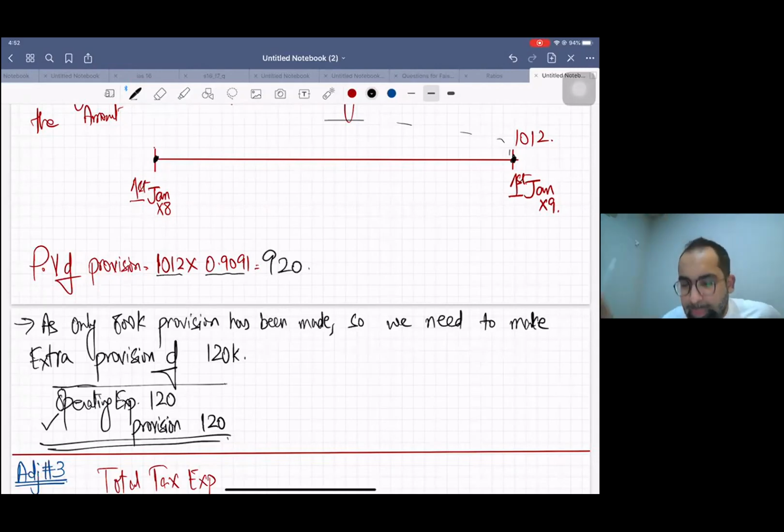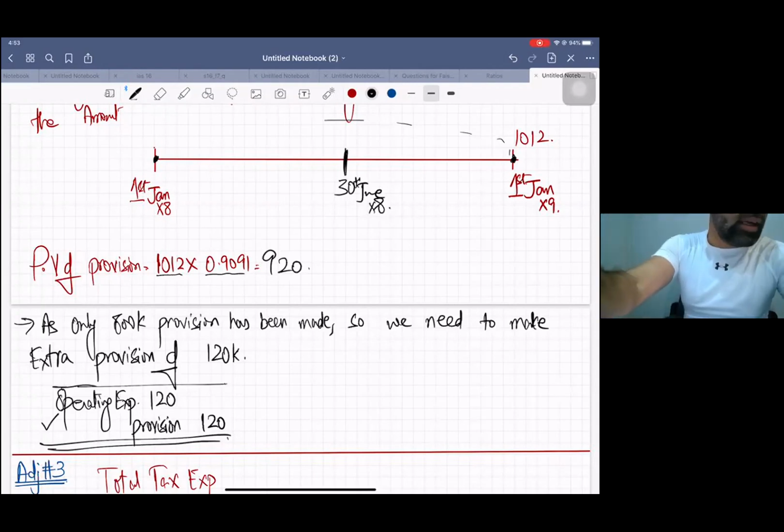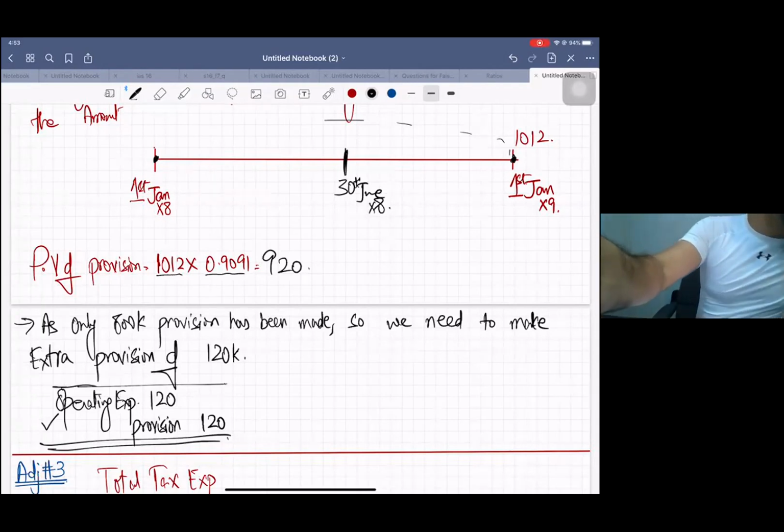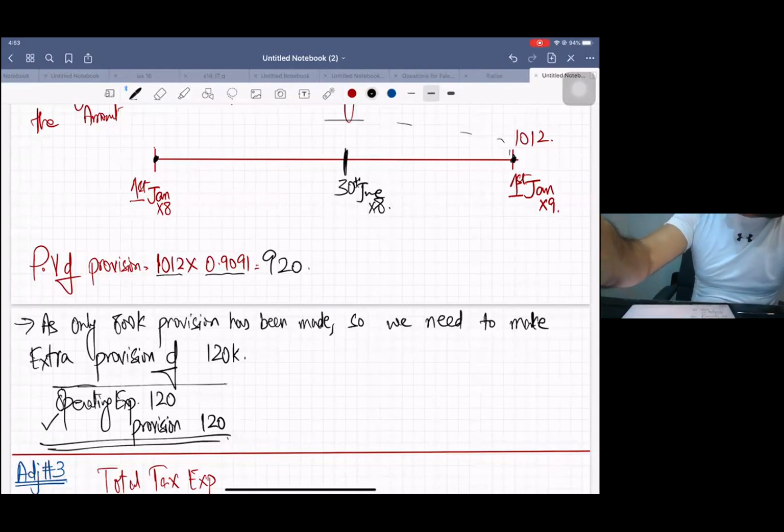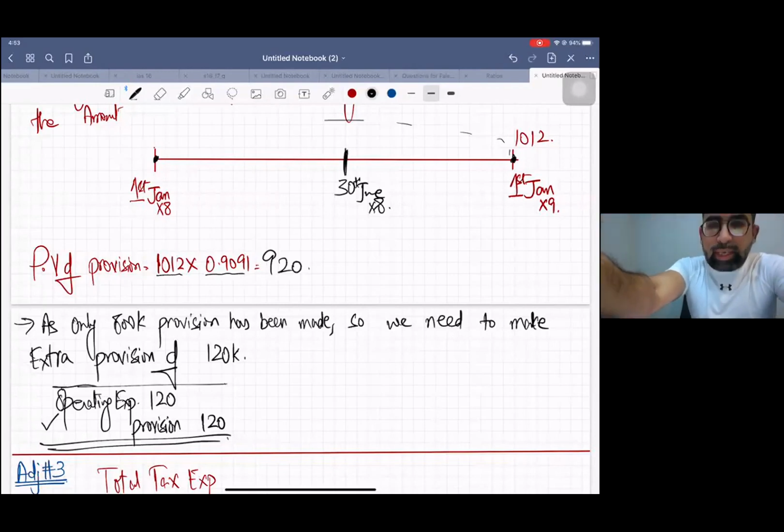Now look at your accounting period. Your accounting period is 30th June X8. So only 6 months of unwinding of discount.